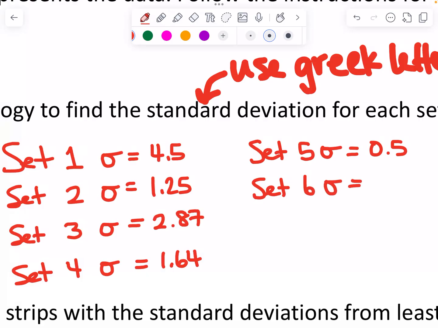Sigma standard deviation was 3.15. Okay, so those are all our standard deviations.